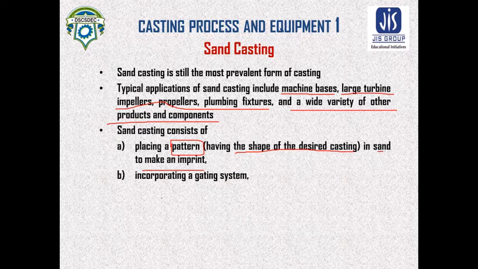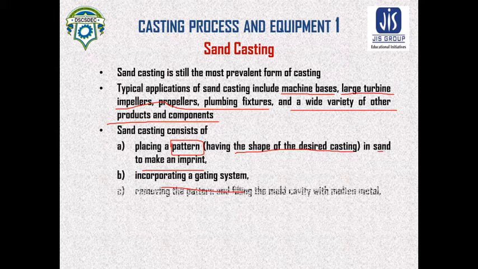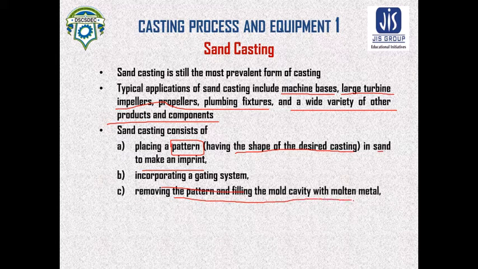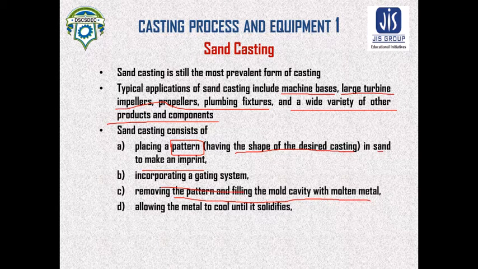Secondly, incorporating a gating system. We will study the gating system in detail later in this lecture. And next, removing the pattern. After incorporating the gating system, the pattern is removed and the mold cavity is filled with molten metal, then it is left for solidification.